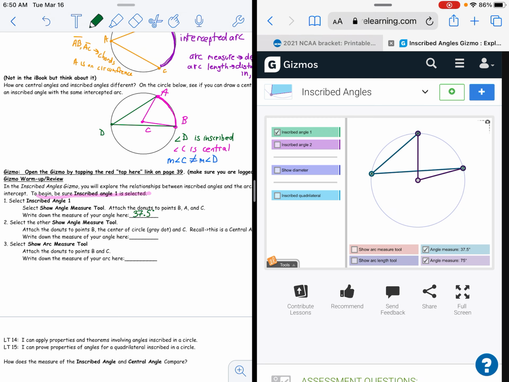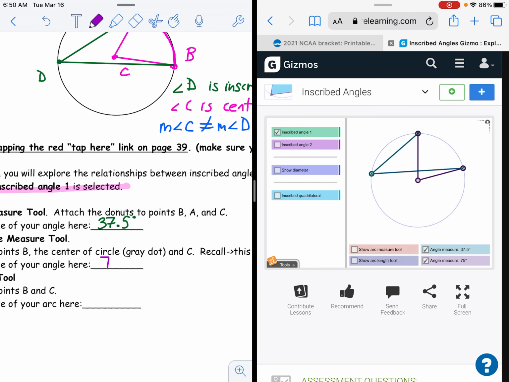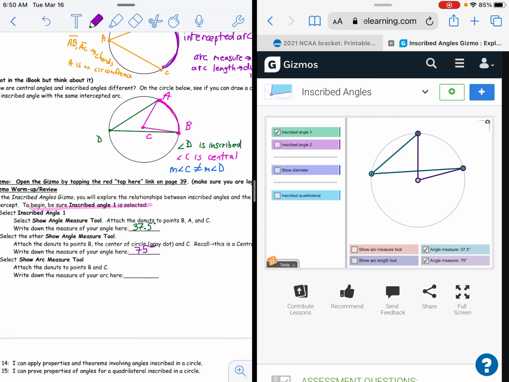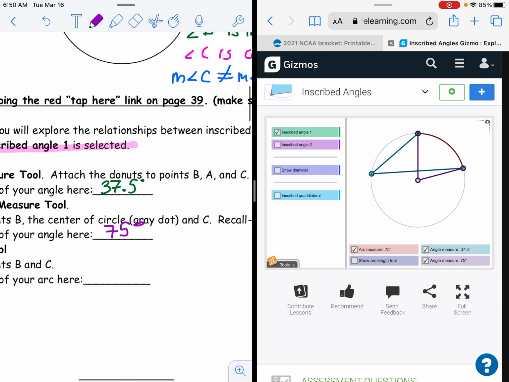Okay, so this green angle is an inscribed angle. Now we have this central angle in this maroonish, purplish color. Notice how that measures 75 degrees. And then let's show the arc measure tool as well, just for fun. So we're going to do arc BC, which is 75 degrees.